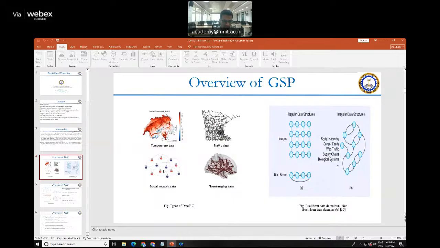In the same way, social network data. For example, take Facebook or WhatsApp. What does this convey? This person is connected to another person, and to another person. So what do we want to say? If you really want to analyze any person, it is not sufficient to analyze that person alone, but it is also important to understand their connections.